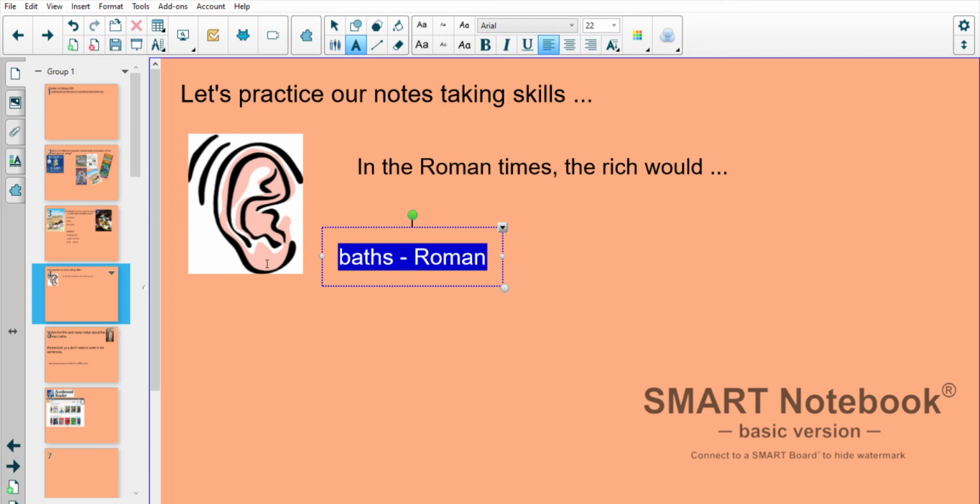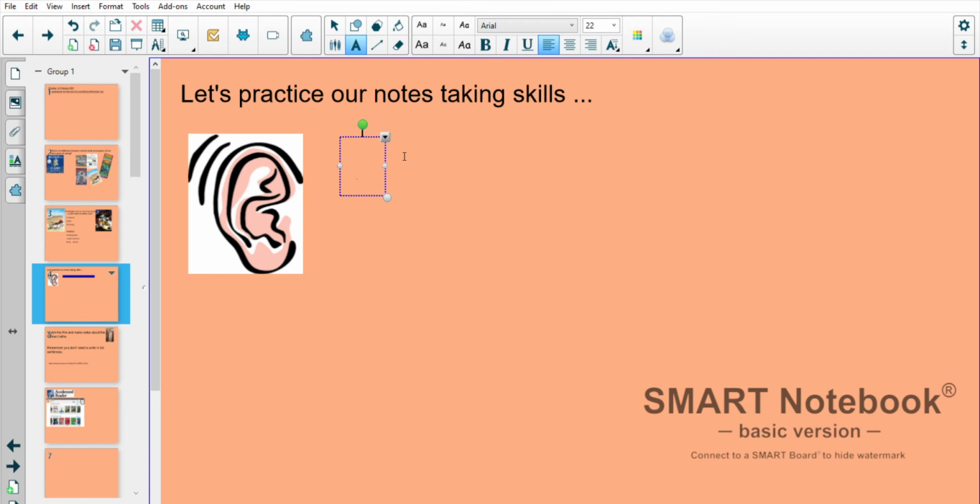So I'm going to read out some information about different Roman houses, and I want you to see if you can note take. You could do bullet points, which is a little dot, or you could just write random words and random information that will help you remember what I'm going to tell you. Okay, make sure you've got a pen and paper, and I will read you from the book.